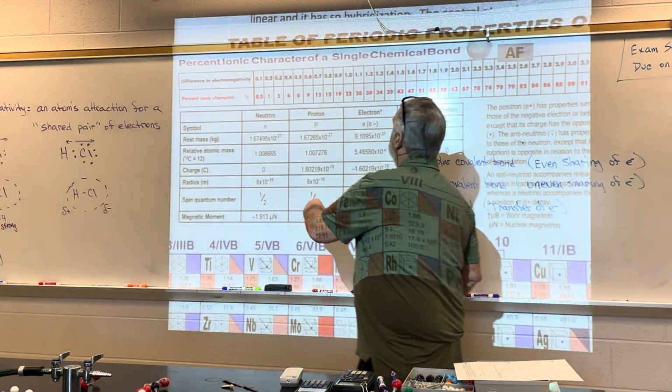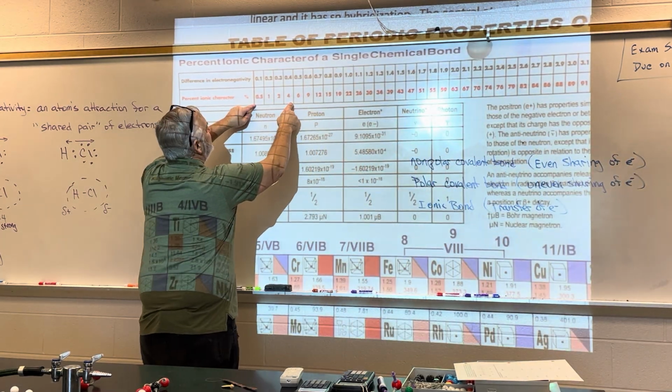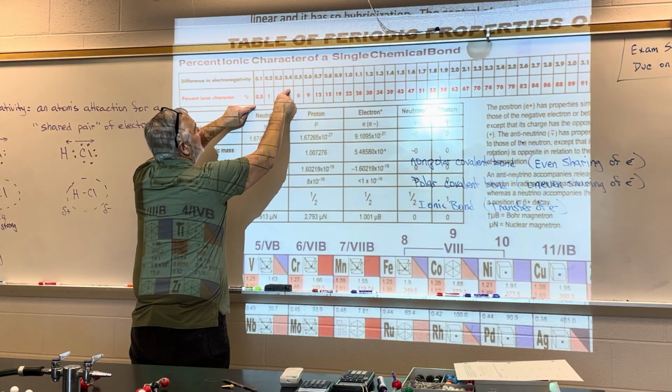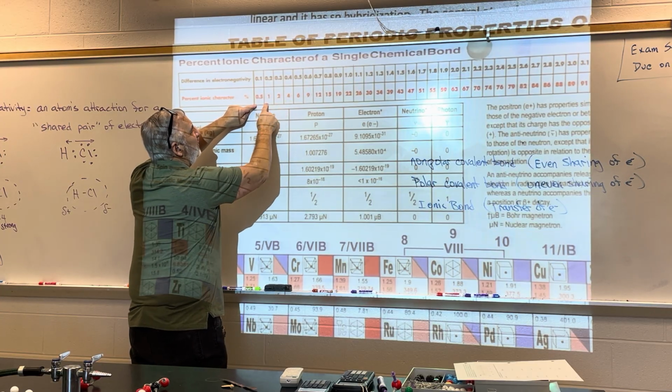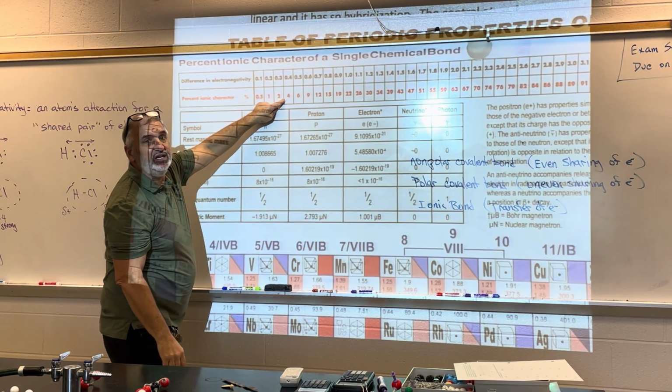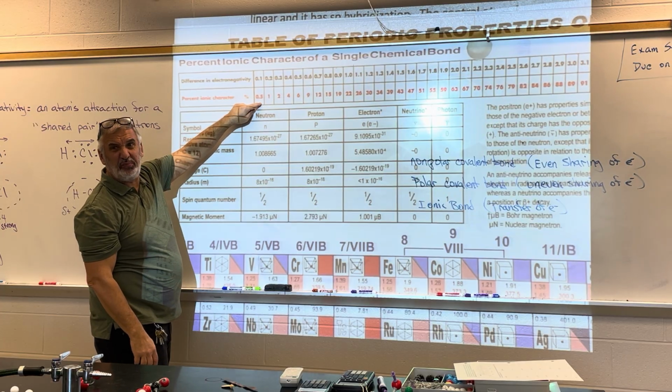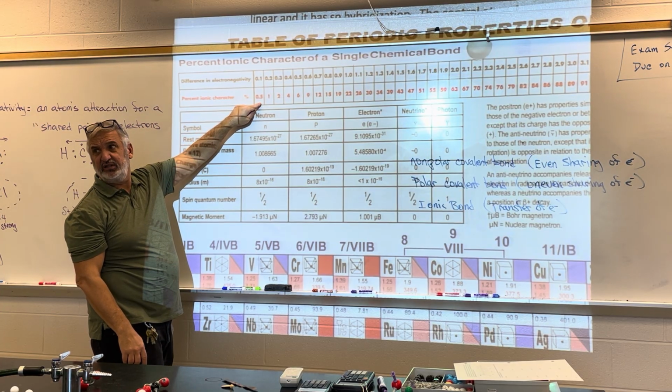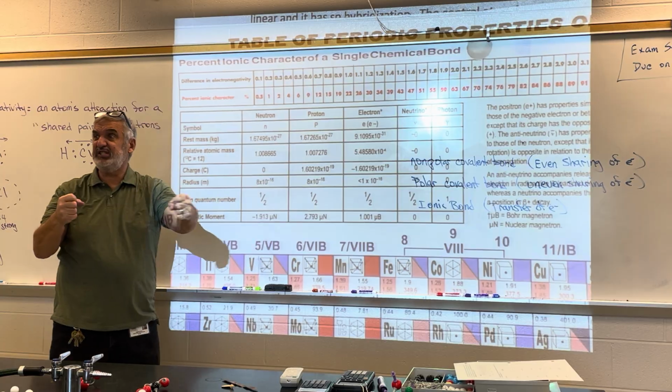If the difference in electronegativity is 0.4 or less, it's only got like 4% or less ionic character. We're going to call it pretty much an even sharing of electrons. The pull is about the same.